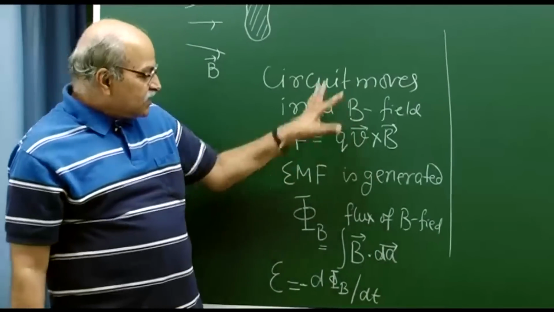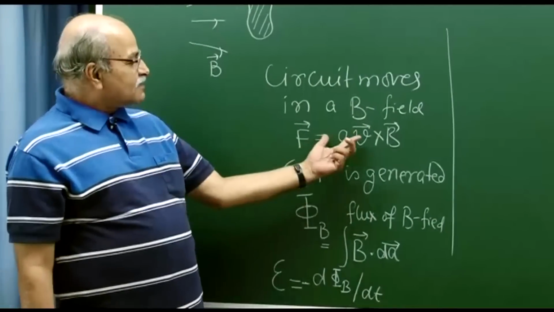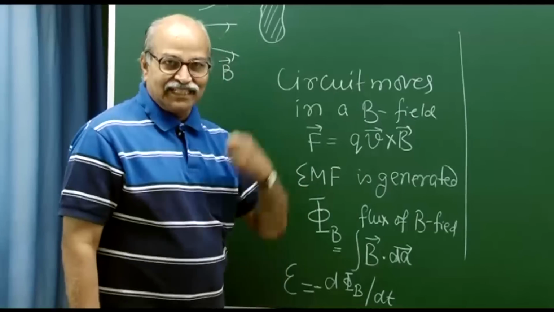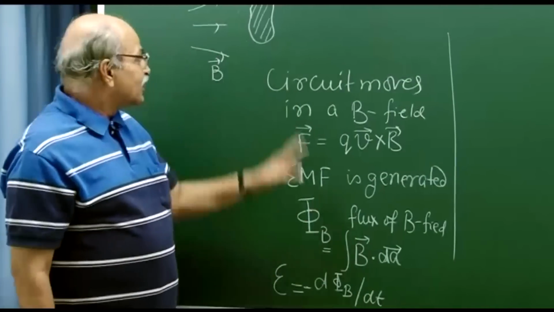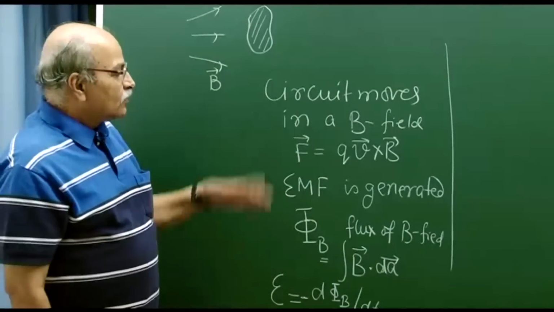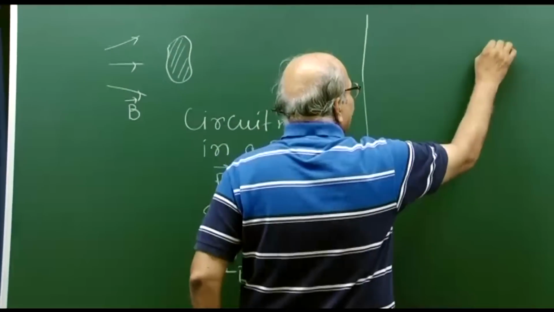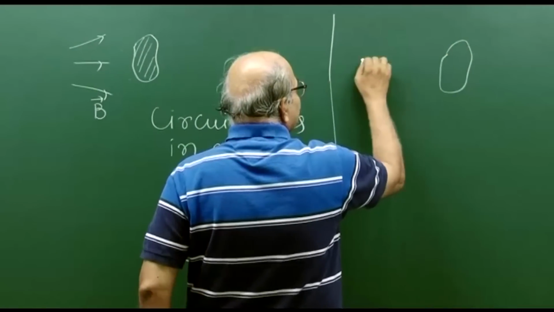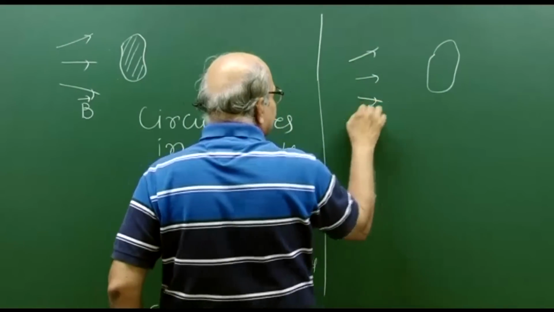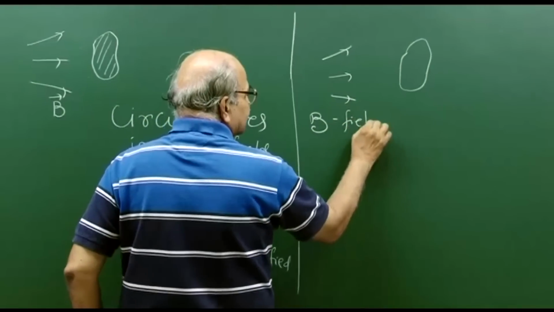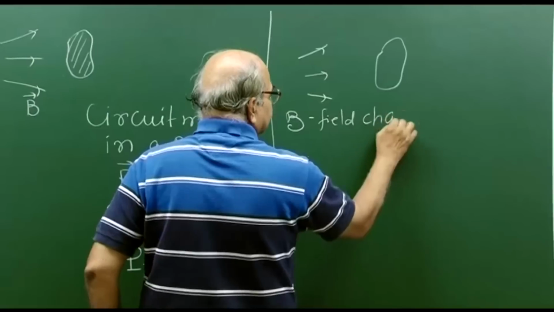The essential part is that this magnetic force drives the current, creates an EMF, and from there you get all these phenomena. On the other hand, the other thing that we did was, you have a circuit and a magnetic field, but this magnetic field changes with time.